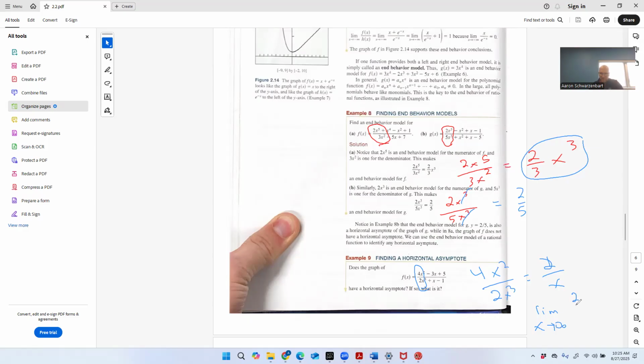They're both going to be the same. 2 over x is going to look a lot like 1 over x. Its graph looks like this. And I know I told you guys this in pre-calc: anytime there's an x left in the denominator after we simplify, it is 0. So yes, it does have a horizontal asymptote. It's a big fat 0. We're approaching the x-axis.